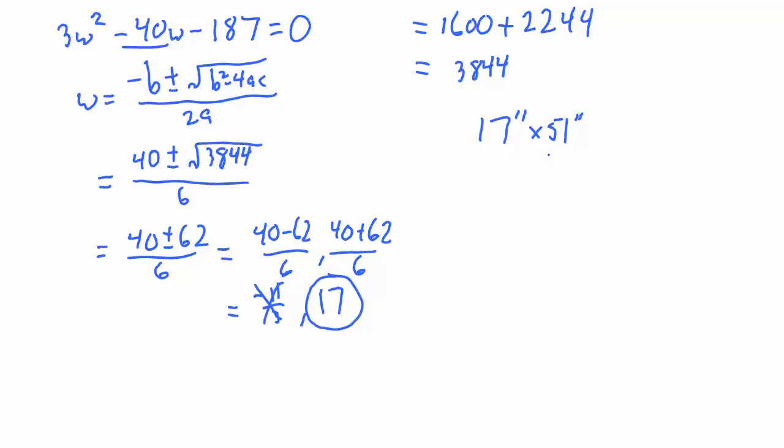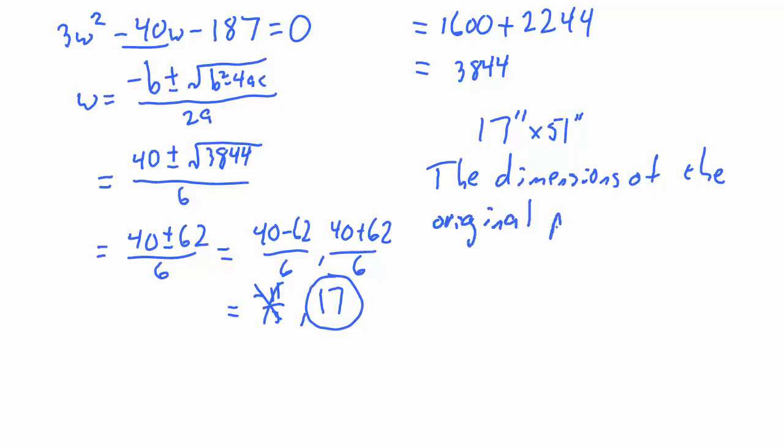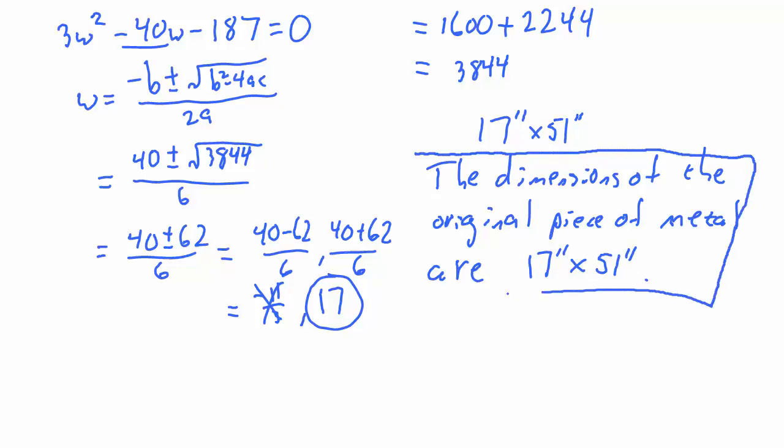Because the problem is a word problem, you should be writing your solution in a sentence. I'm going to say the dimensions of the original piece of metal are 17 inches by 51 inches. And there's my solution.